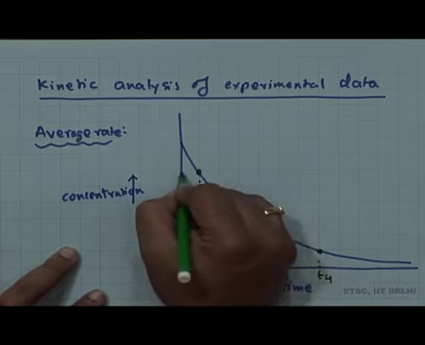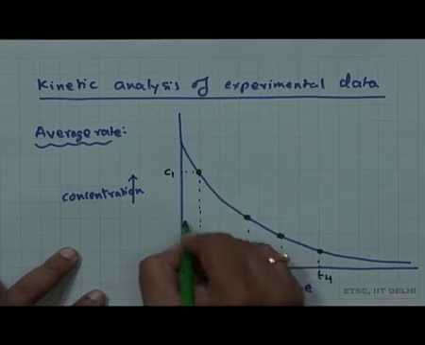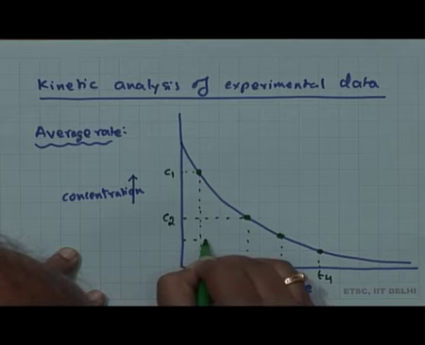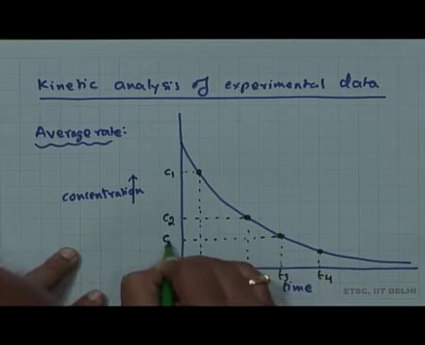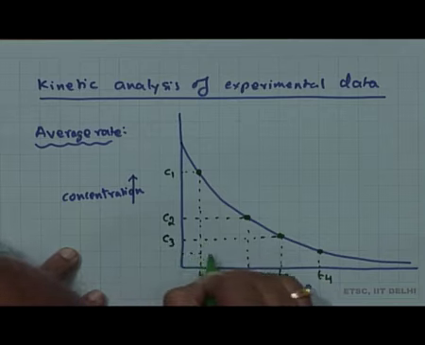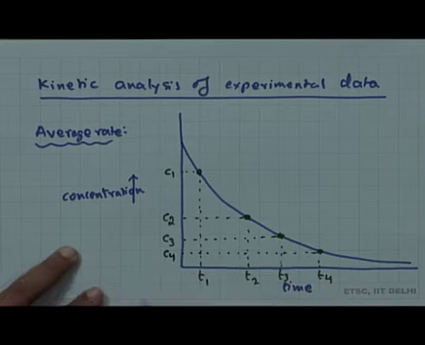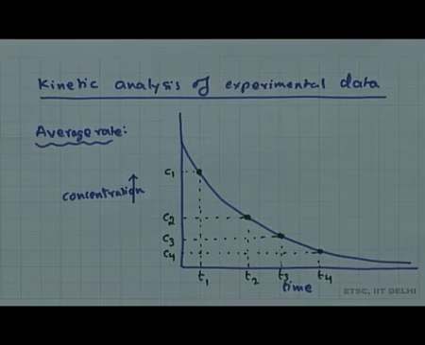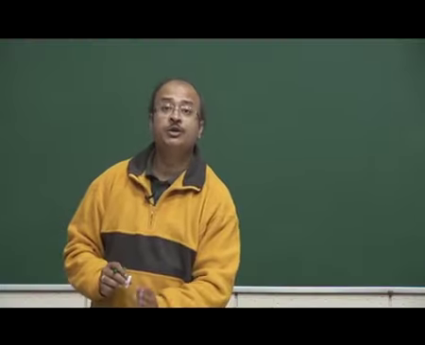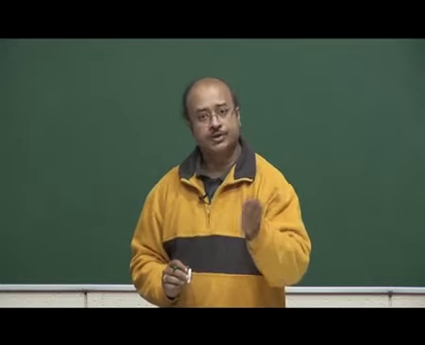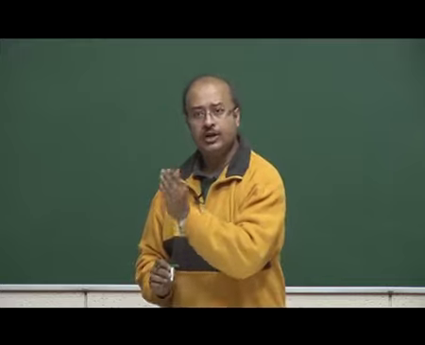So, let this concentration correspond to C1, C2, C3 and then C4. So, what we have done is we have taken a few experimental points, we have labeled them corresponding to the times T1, T2, T3, T4 and the corresponding concentrations at those times C1, C2, C3, C4.